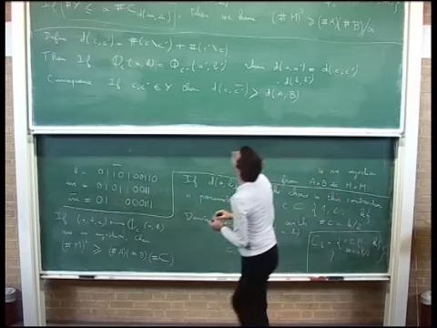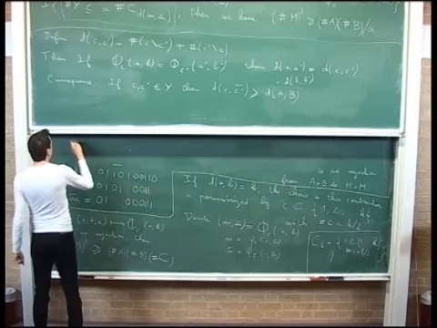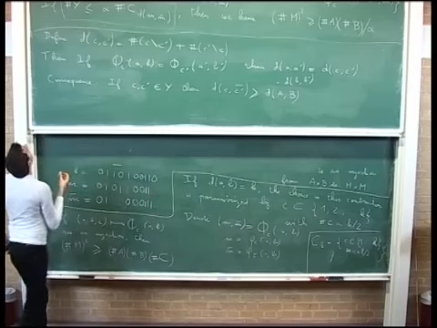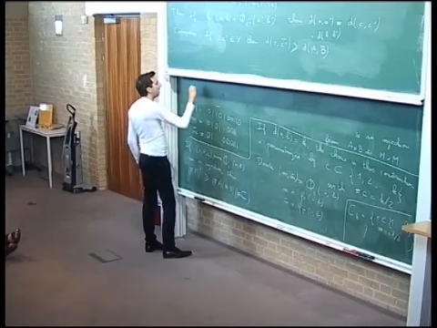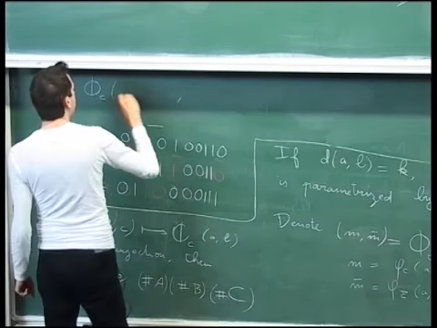So if you have C and C prime in Y, M bar is fixed, so you have phi C of AB.